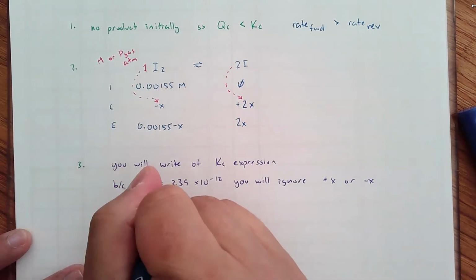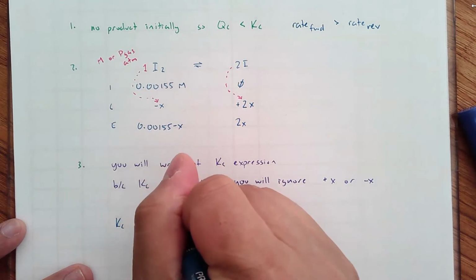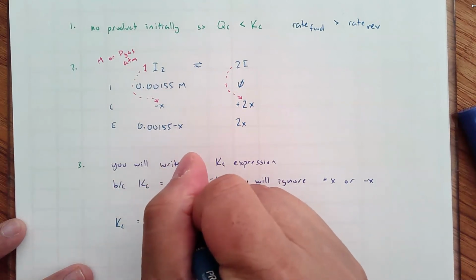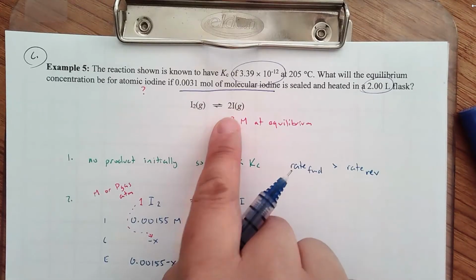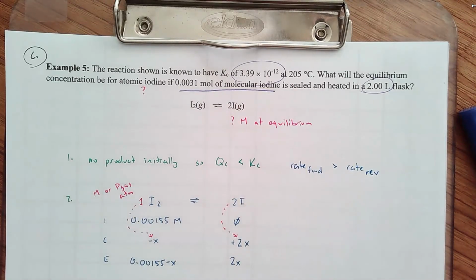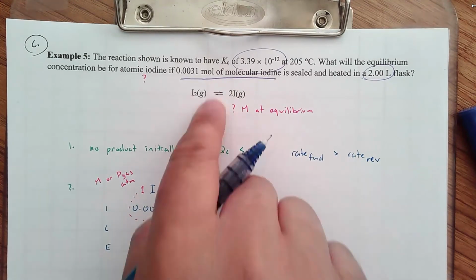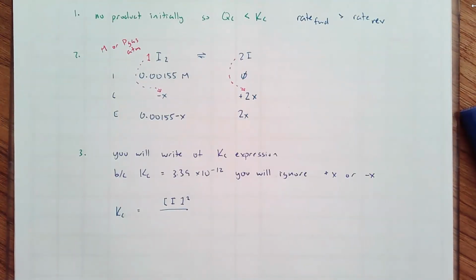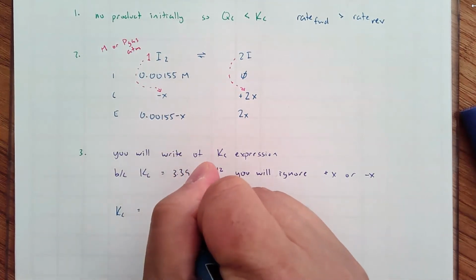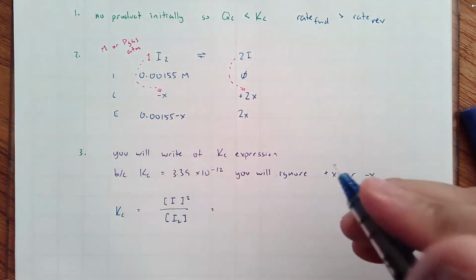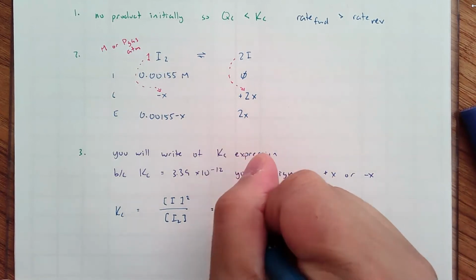Kc equals the concentration of I atomic squared. Okay, that's coming from your reaction. Products over reactants, but raised to the power of the coefficient. And then the concentration of I2 equals a very small number.